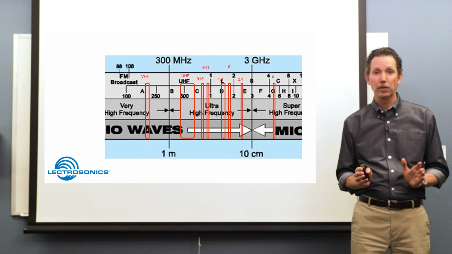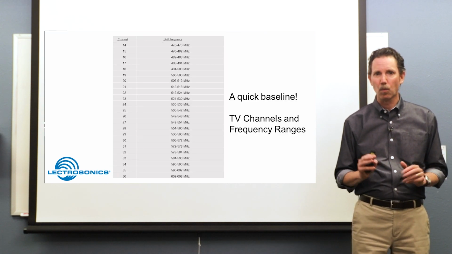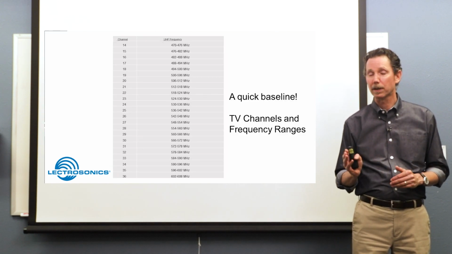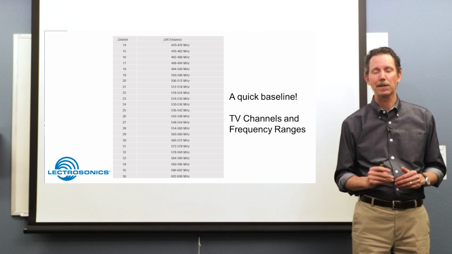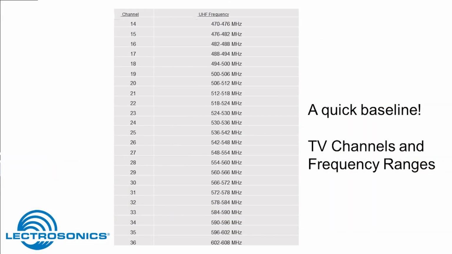So here's a baseline. Here are the TV channels where our TV broadcasts, they call it OTA or over-the-air broadcasts, and more people are watching online and streaming like Netflix and Amazon Prime and things like that. But there's still TV broadcasts, and this shows you the TV channels and the frequency ranges that they cover.